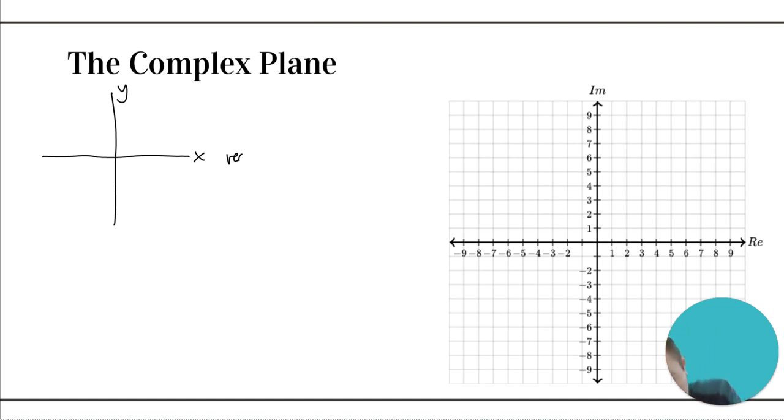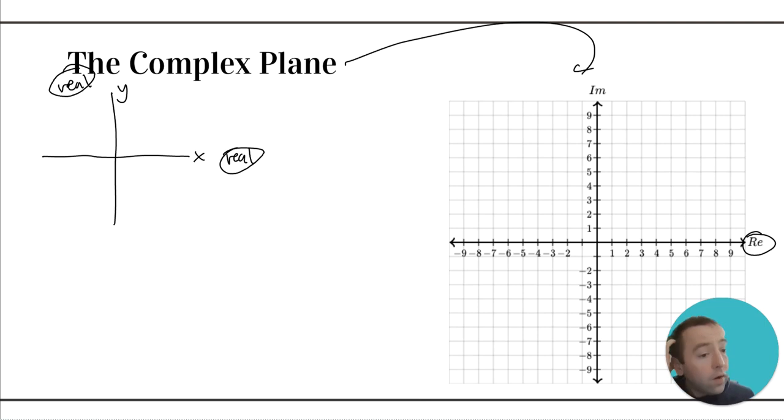But the thing is that you've always been using both of these axes as real number lines. So the x-axis was representing real numbers and the y-axis was representing real numbers. So to be able to represent complex numbers, we have something that's called the complex plane, where the horizontal axis is going to represent the real component of your number, and then the vertical axis is going to represent the imaginary component of this.